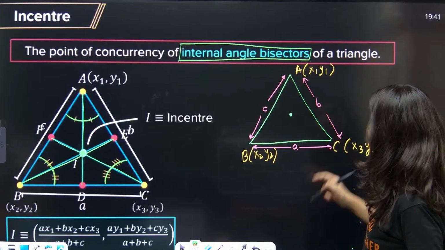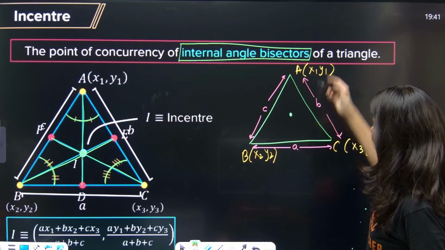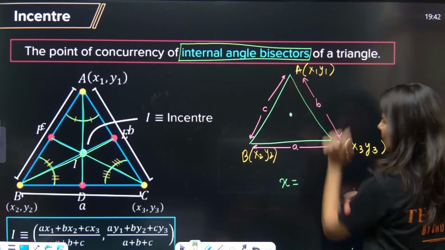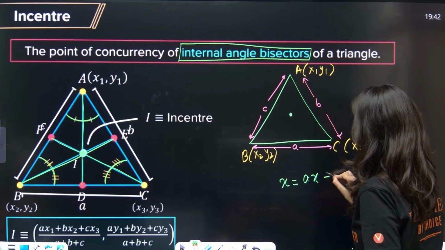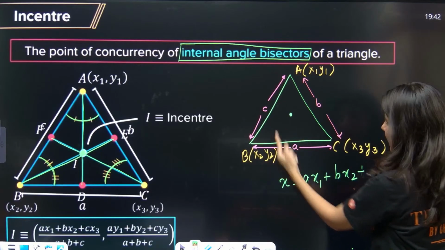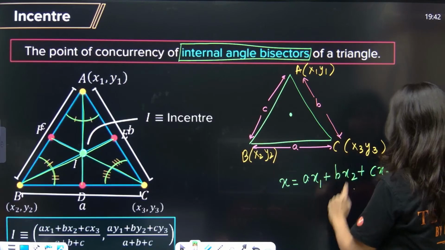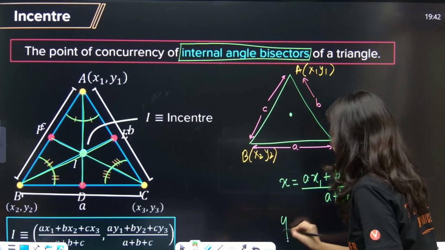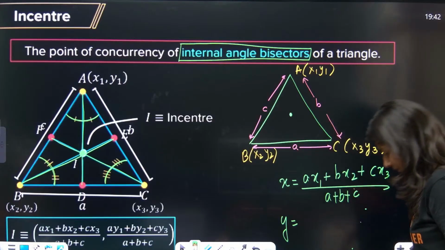Now, the formula is a times x1. So the in-center x coordinate will be a times x1 plus b times x2 plus c times x3, whole upon a plus b plus c. Similarly, y will be what?